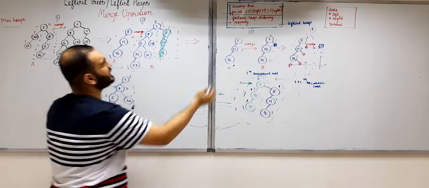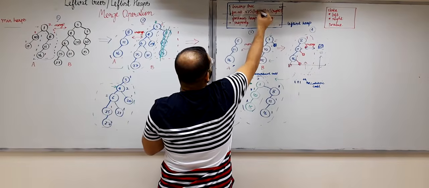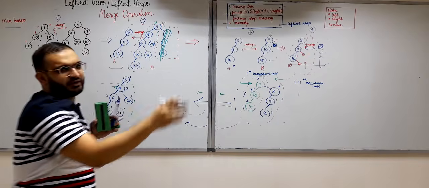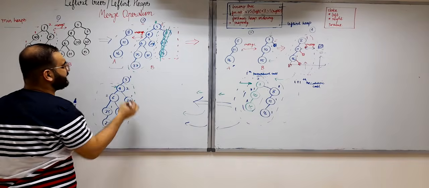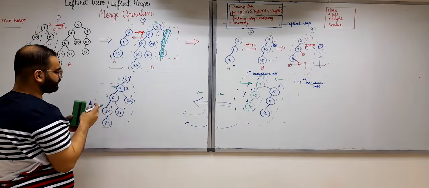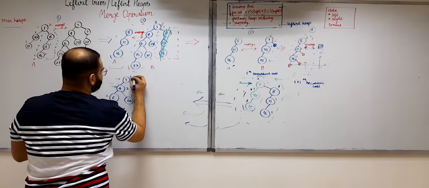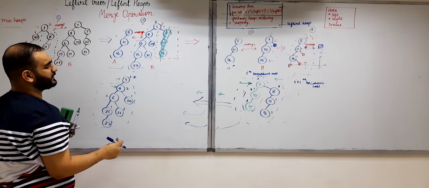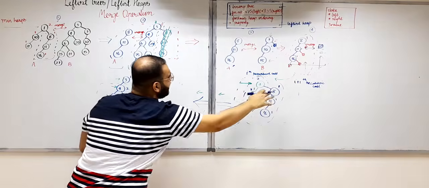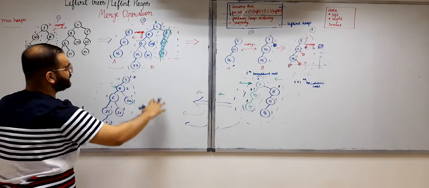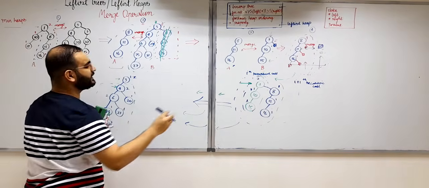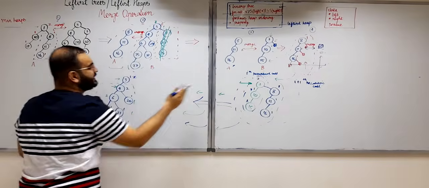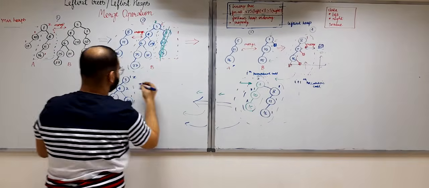So we will not violate the property that the S value of left of x is greater than or equal to the S value of right of x. When we consider this root as x, we will not violate this property if we attach this entire leftist heap as the right child of this leftist heap. So let us attach it as the right child of this root.